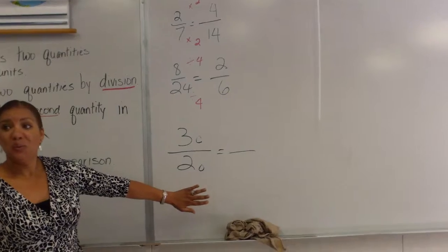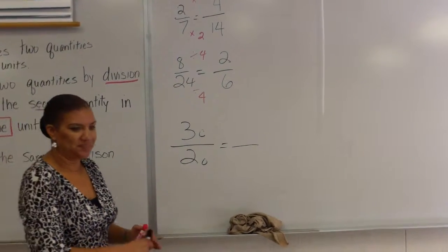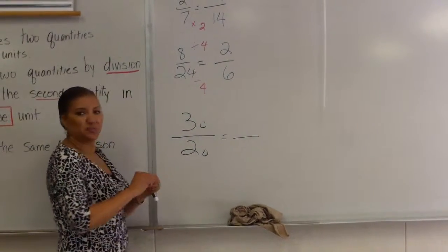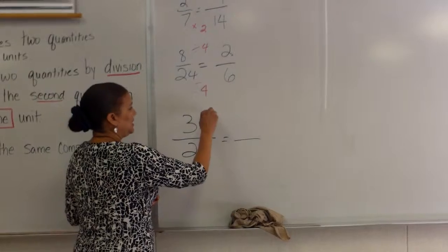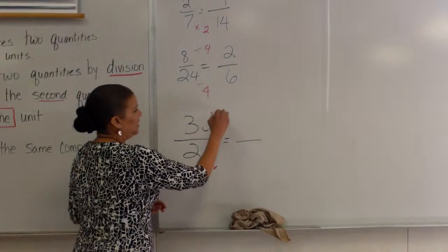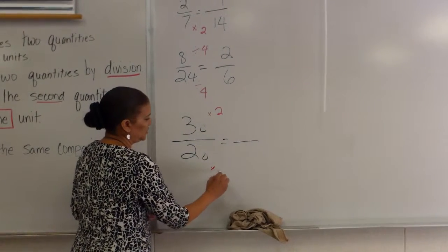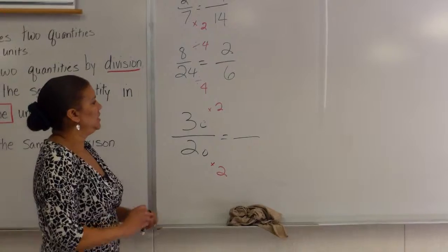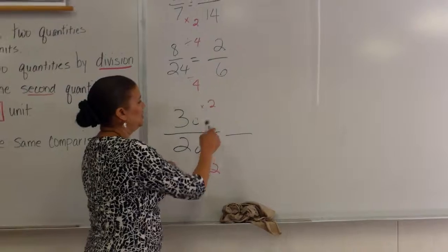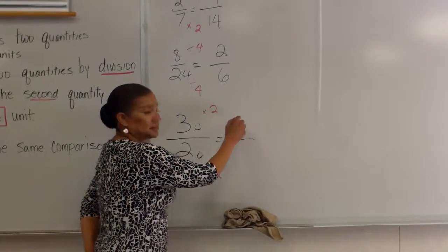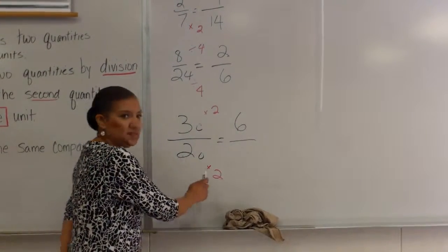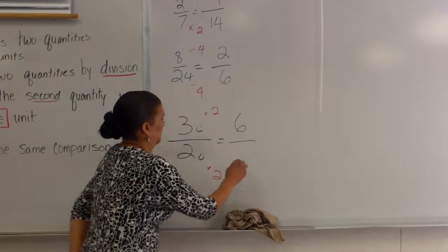Now I need to find the equivalent ratio. So let's multiply this by 2. I have to multiply the top term by the same number as the bottom term. 3 times 2, 2 times 2. So let's multiply the top term first. 3 times 2 equals 6. 3 cups times 2 equals 6. 2 times 2 equals 4.